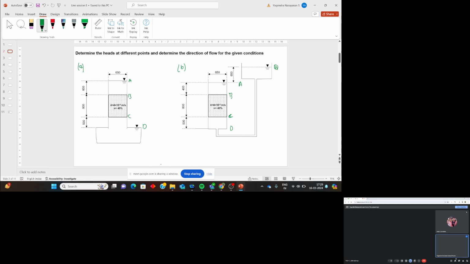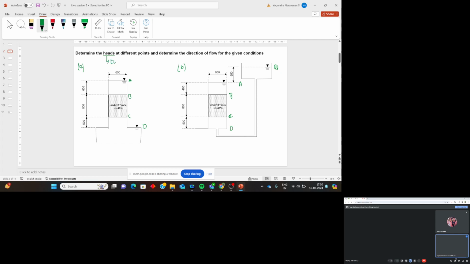First, it is always better to make a table. There are two aspects in these questions: heads at different points. Heads refers to total head.